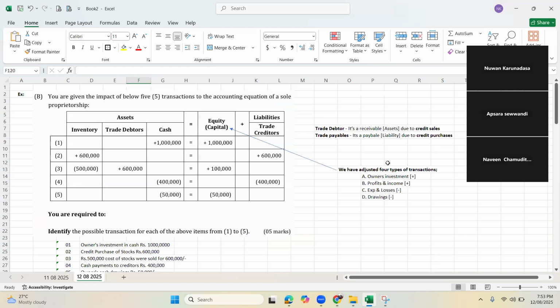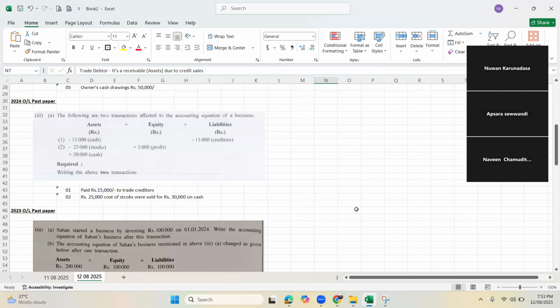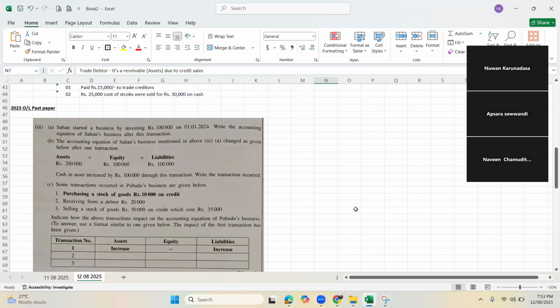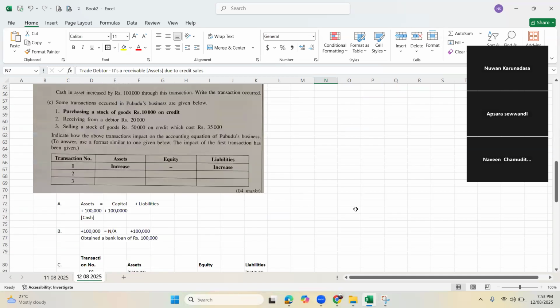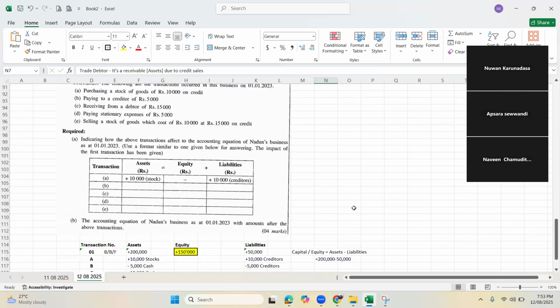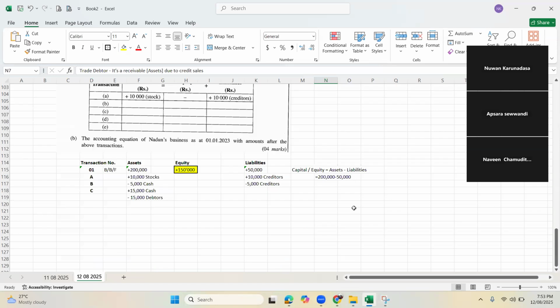When you do the credit purchases, a liability will be created. That is the creditor. Don't confuse debtor and creditor, even in the exam. So debtor is an asset, it's a receivable. Creditor is a liability, it's a payable.